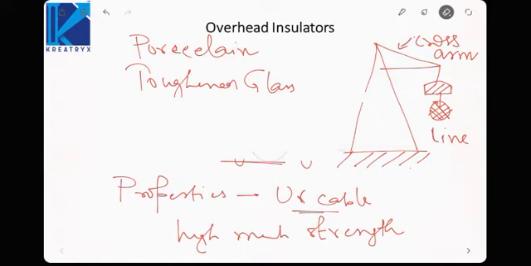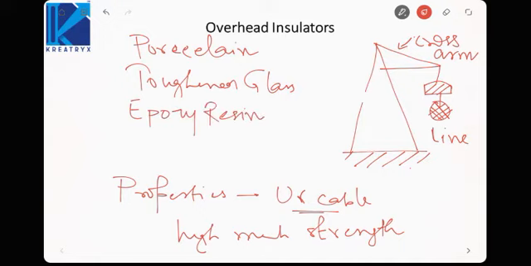We can use epoxy resin, or we can use magnesium silicate. These are the four materials that we generally use to construct the overhead line insulator.